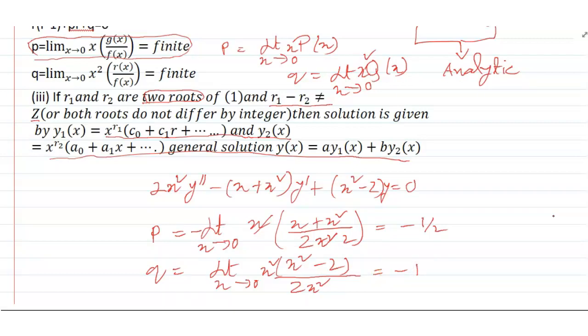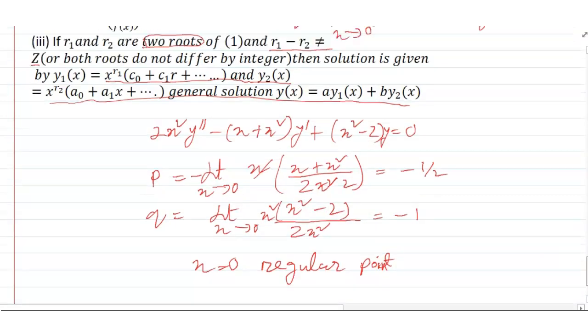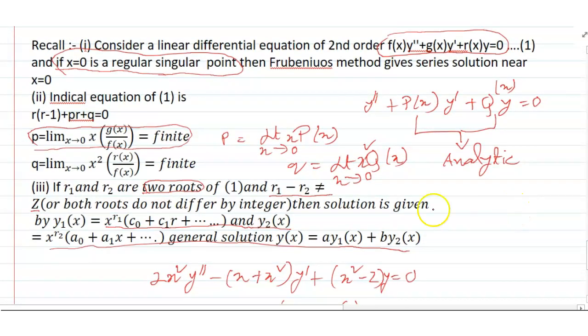So x is equal to 0, a regular singular point. Whatever my formula is, this is my formula: r into r minus 1 plus pr plus q is equal to 0.